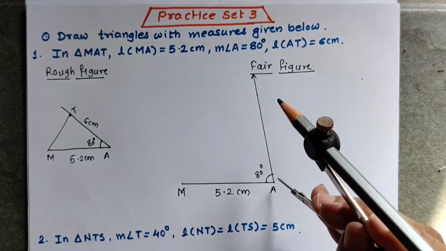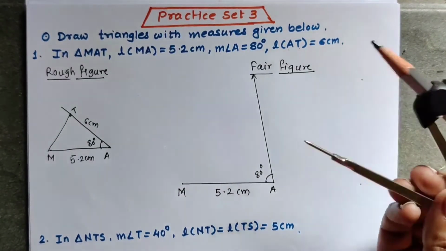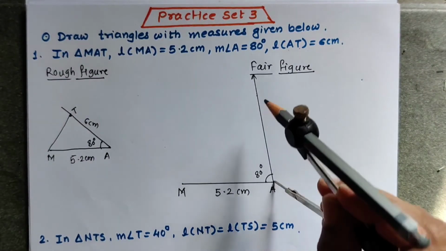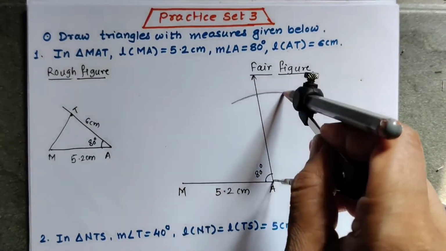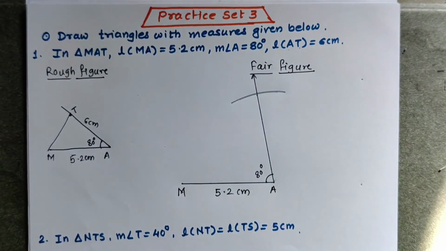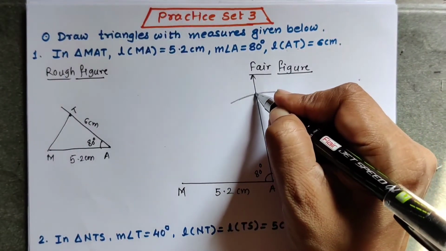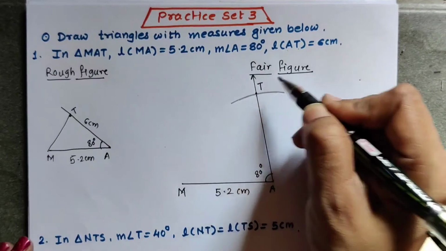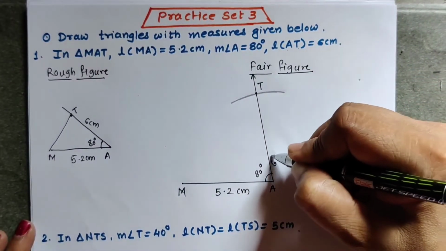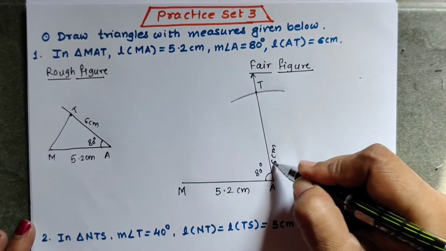Now I will be drawing an arc from point A at 6 cm, and in this way we can fix point T here, which is at 6 cm from A.